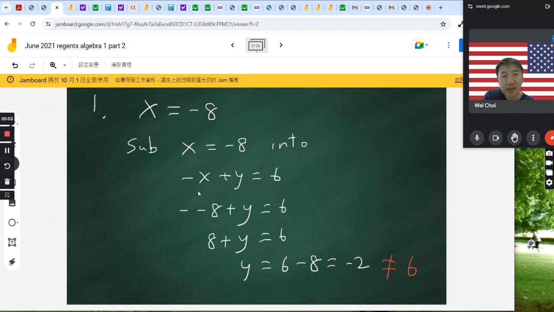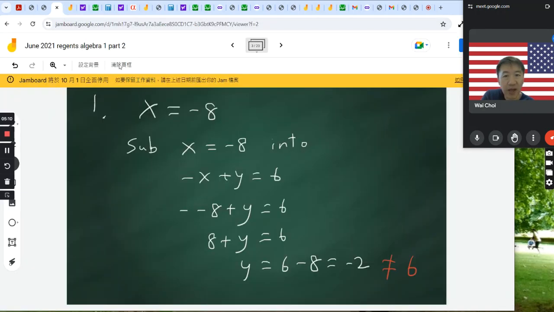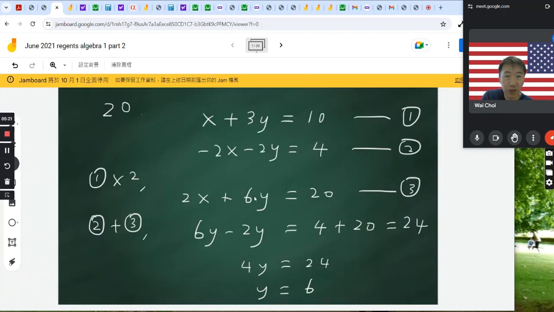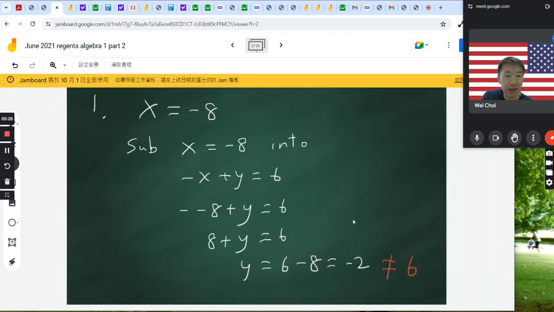So this equation implies y equals negative 2, which is not 6. We know we have solved this already, right? We know y needs to be 6. And therefore, choice 1 does not give us the same solution. The y is a different value. So we're going to rule out 1.